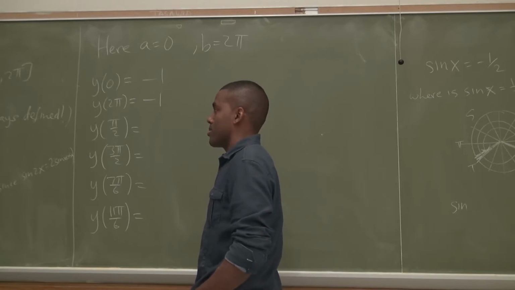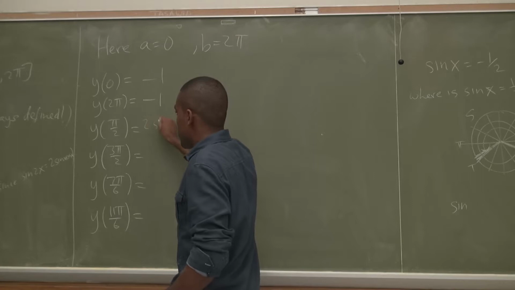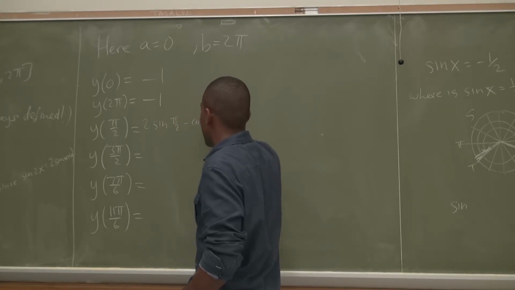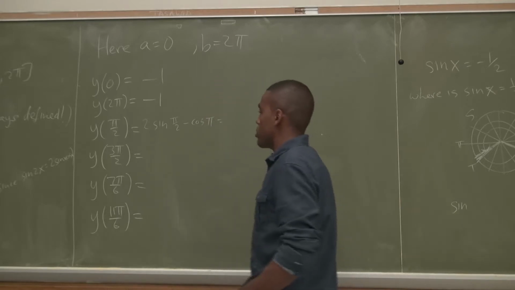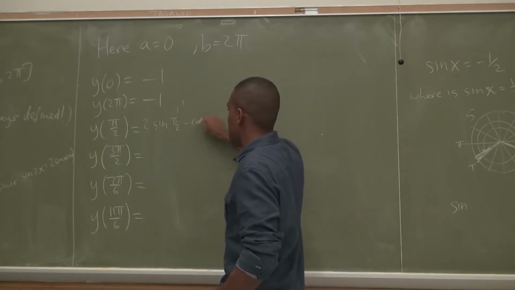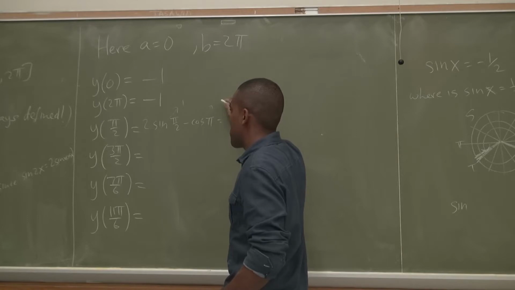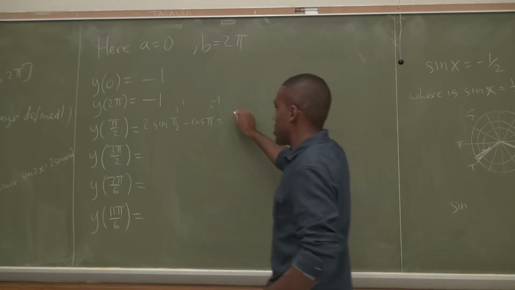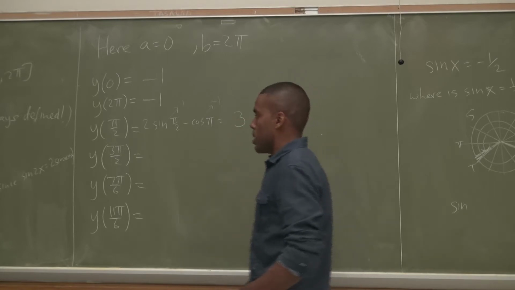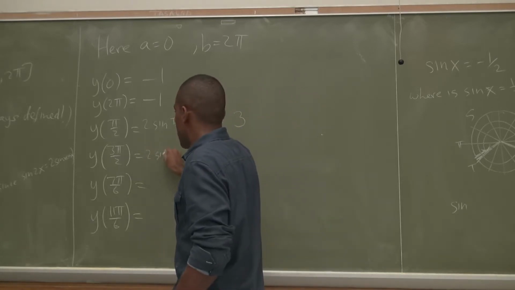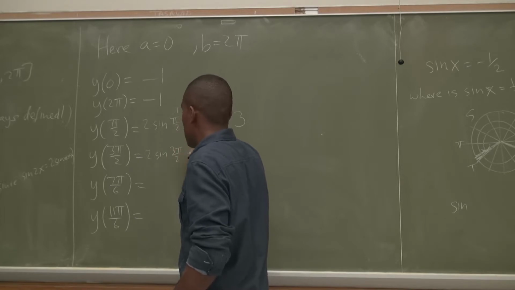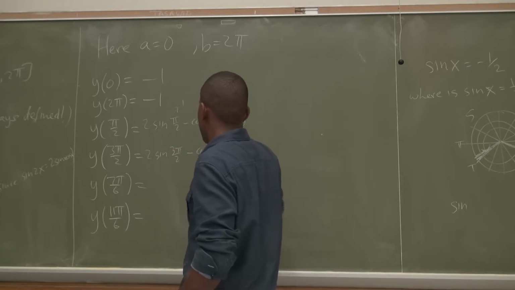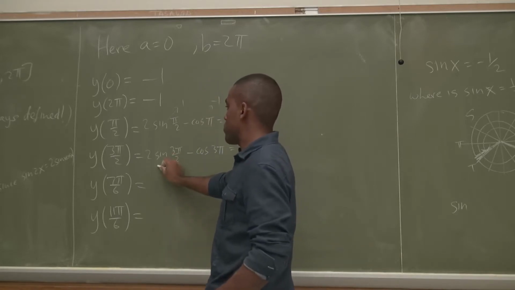Right, if you plug in the function, this is 2 sine pi over 2 minus cosine of pi, right? What's sine of pi over 2? This is 1. Cosine of pi? Minus 1. So this is just 2 plus 1, right? That's a 3. What about 3 pi over 2? This is 2 sine of 3 pi over 2 minus cosine of 3 pi, right? What's sine of 3 pi over 2?